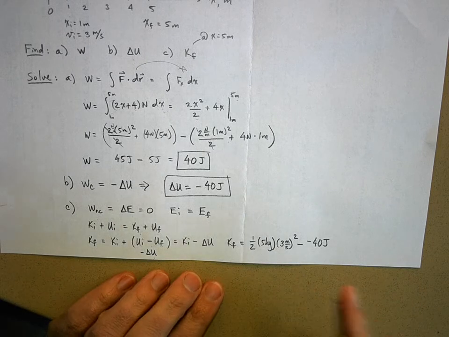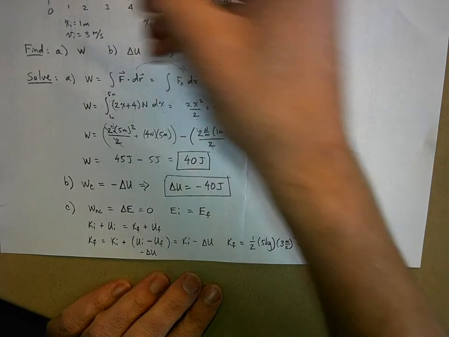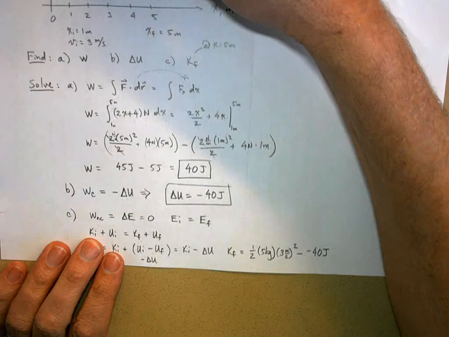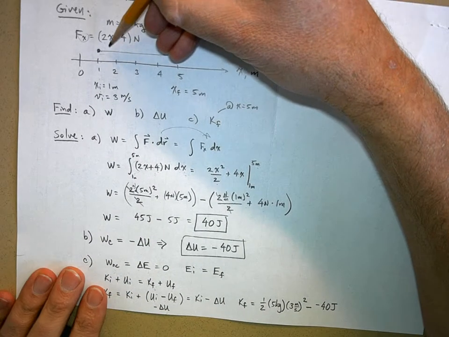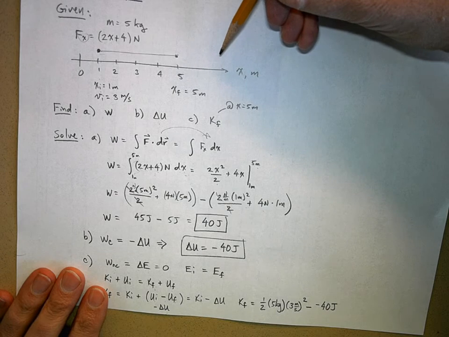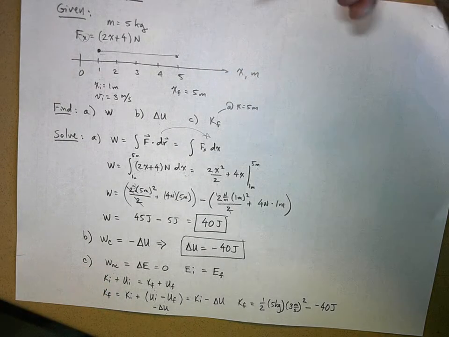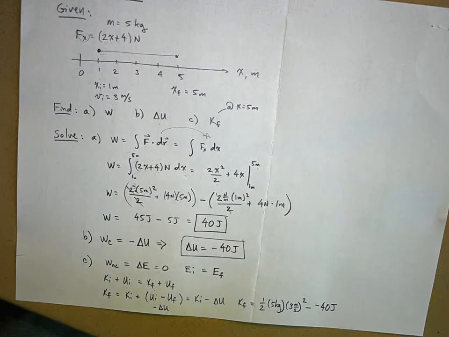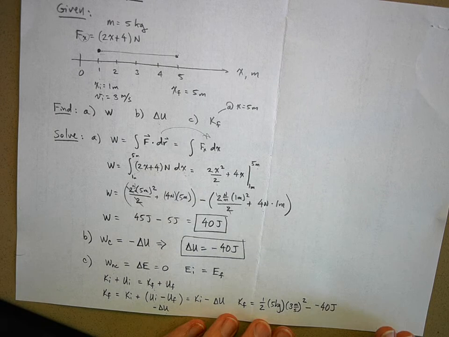Now this makes sense. I'm adding it. It's going to be this force up here. This force is pushing along here. It's going to be going faster and faster and faster. It's doing positive work. You can also think of this in terms of the work energy theorem. The work done by the net force will result in a change in kinetic energy. You can also use that. Actually, that might be a little easier than the way I've approached it here.